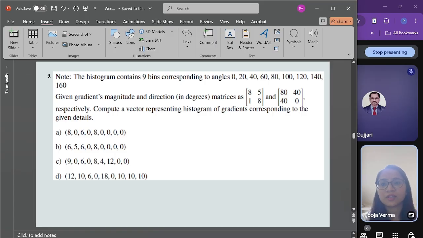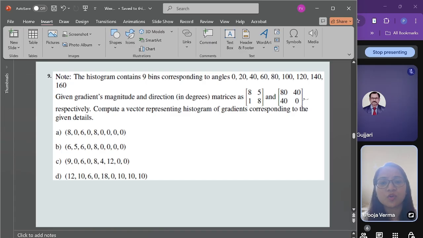Okay. So the next question is: note the histogram contains 9 bins corresponding to angles 0, 20, 40, 60, 80, 100, 120, 140, and 160. Given the gradient magnitude and direction in degrees matrices, compute a vector representing the histogram of gradient corresponding to the given details.